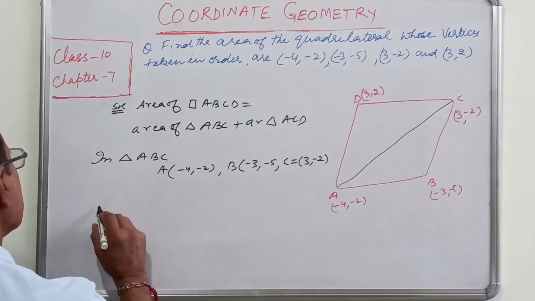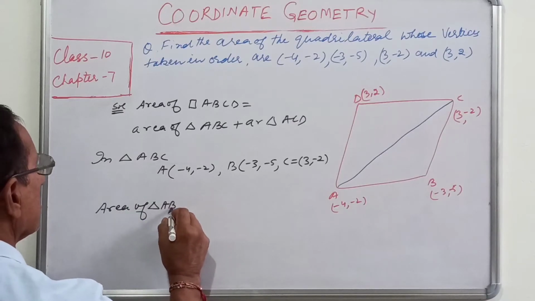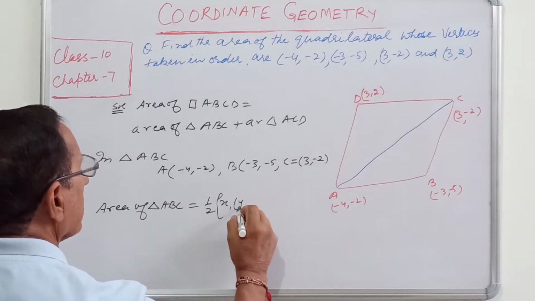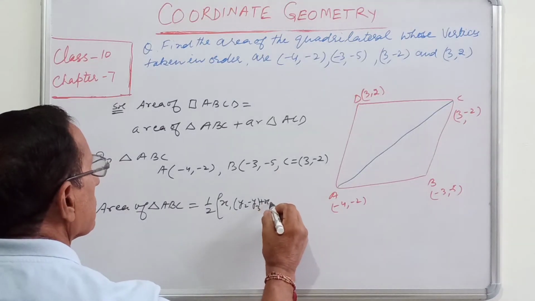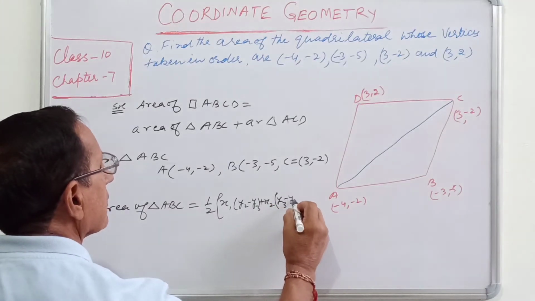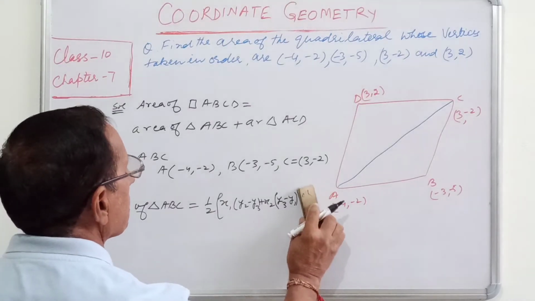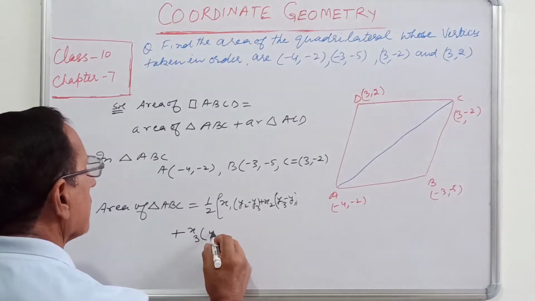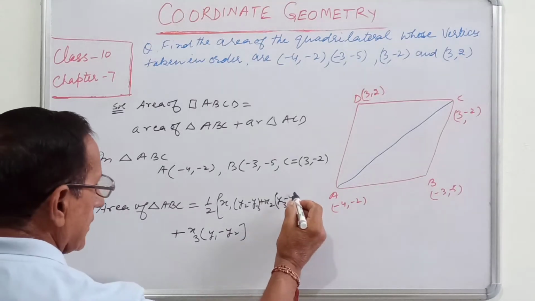The area of triangle ABC is given by the formula 1/2 into x1 (y2 minus y3) plus x2 (y3 minus y1) plus x3 (y1 minus y2), which I am writing here. So this is the formula for the area of the triangle.